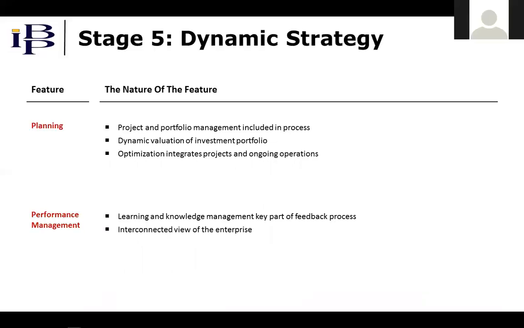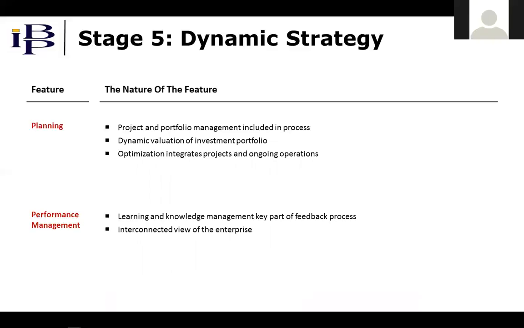Now we're at the state where we're really able to manage the introduction of change into a business. So our project and portfolio management system is included in a rolling forecast process. We're now able to do dynamic valuation of our investment portfolio, and optimization integrates projects and ongoing operations.